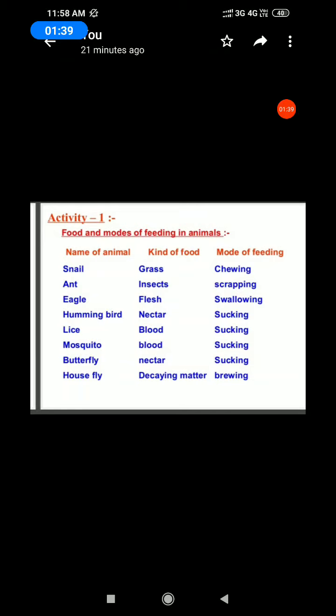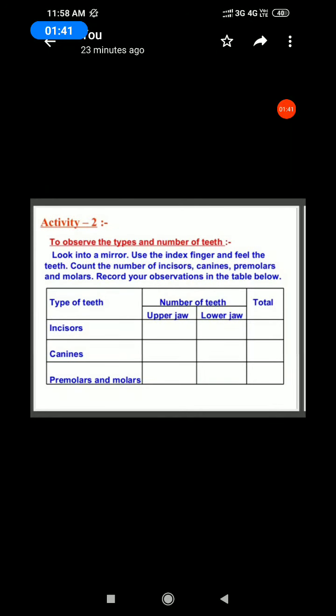Okay, next activity 2, book page number 13, table 2.2. Observe the types and number of teeth.